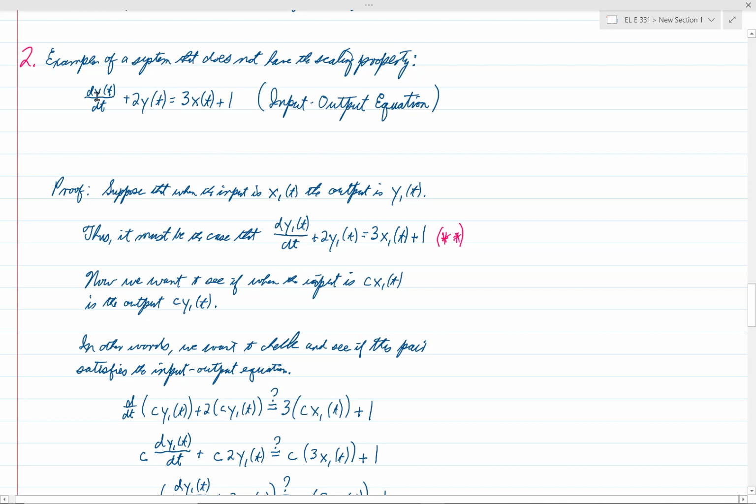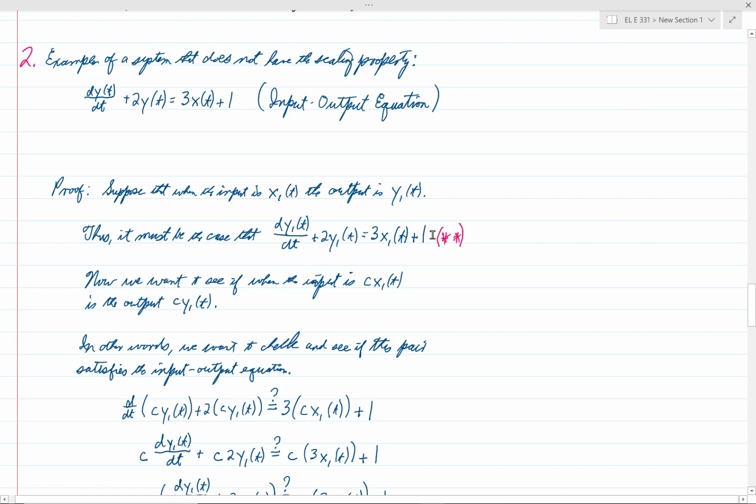So if we plug in y1 for y and x1 for x, we get a true equation, and that's what I've written down here: dy1/dt plus 2y1 is 3x1 plus 1. That's what I get when I plug in x1 for x and y1 for y. So this equation with the 2 asterisks is a true equation.